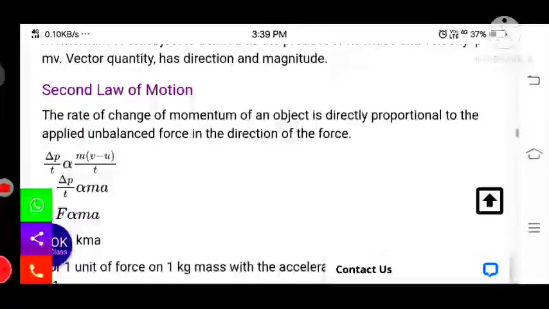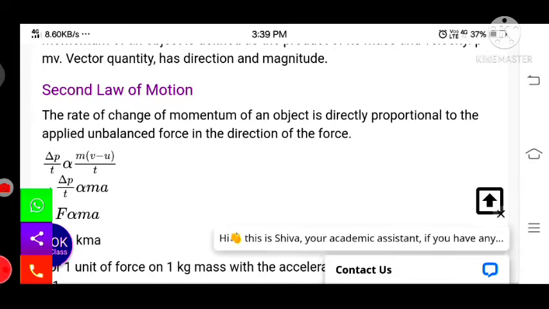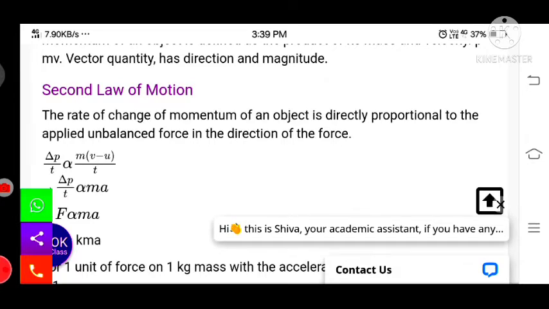So now we discuss the second law of motion. The rate of change of momentum of an object is directly proportional to the applied unbalanced force in the direction of the force.